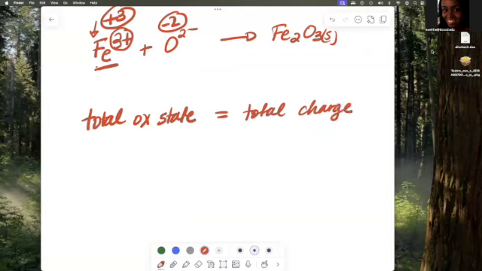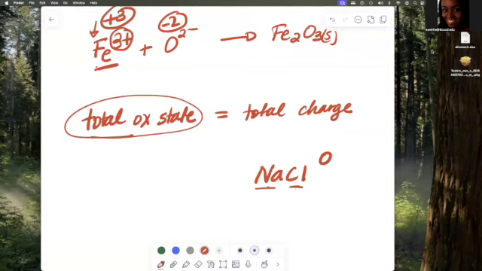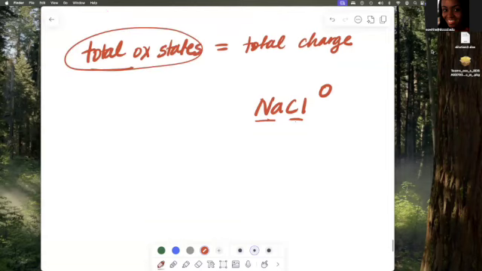Okay? So in a compound, for example, sodium chloride. In sodium chloride, the overall charge is 0. How do I know it's 0? Because there's no number on the top right normally, right? So the 0 is implied. So whatever the oxidation states of the components are, when you add them up, the total oxidation states must equal the total charge. So in this case here, sodium chloride must equal 0 charge.